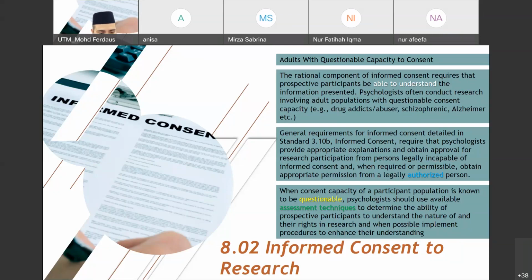You need to conduct other assessments to evaluate whether they are mentally and intellectually sound enough to give the consent. For example, you want to study psychological traits or intelligence among Alzheimer's patients, among senior citizens who are 60, 70 years old.